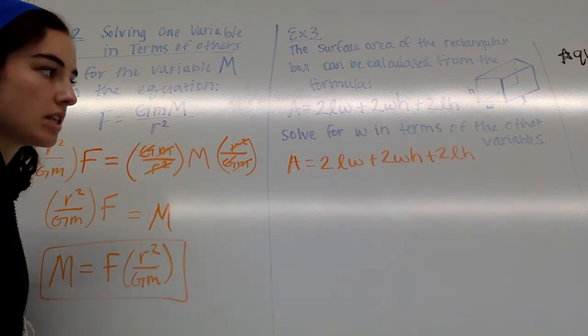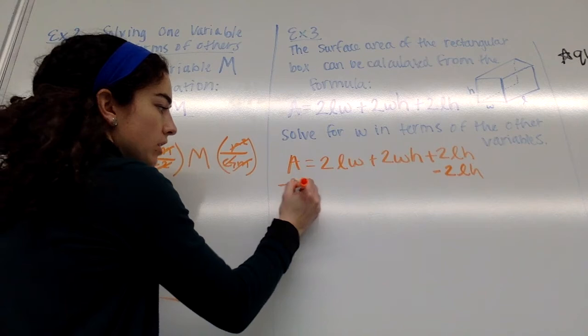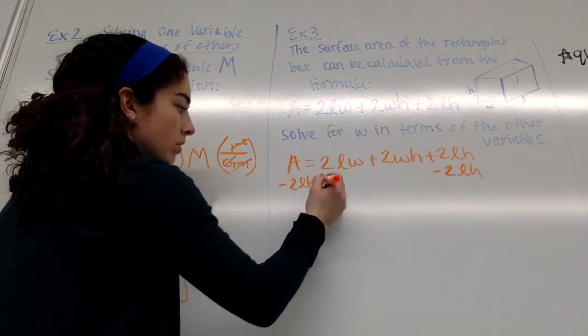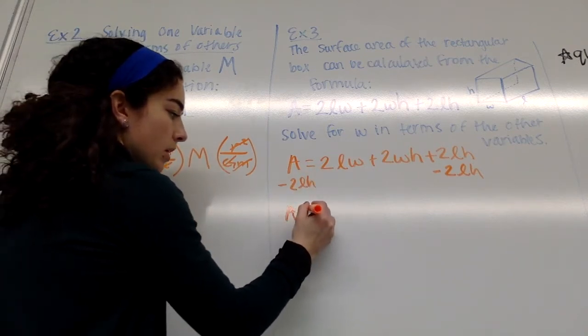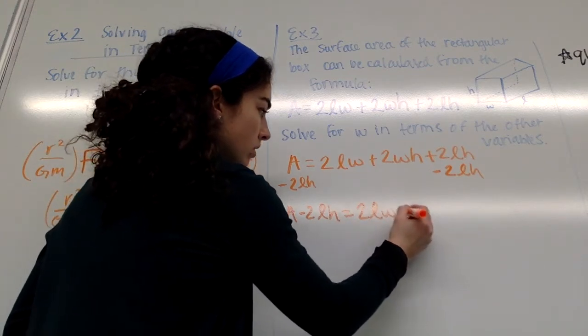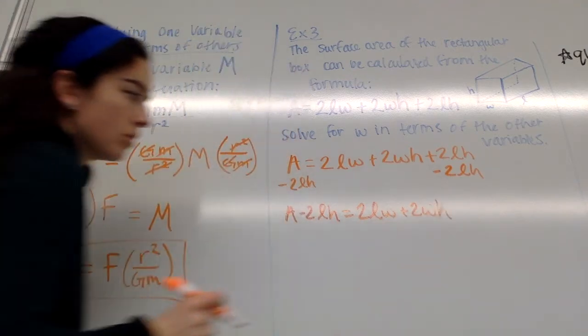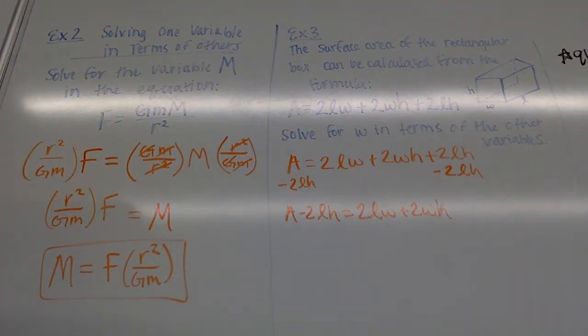The thing that does not have W is 2LH, so I'm going to move it over here. So I'm going to get A minus 2LH equals 2LW plus 2WH.